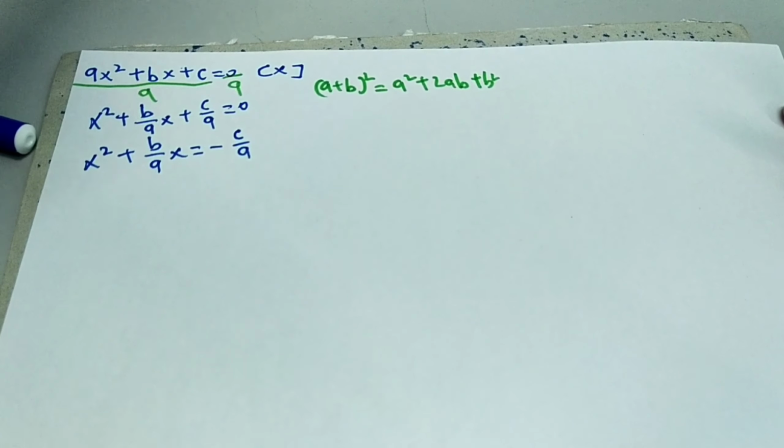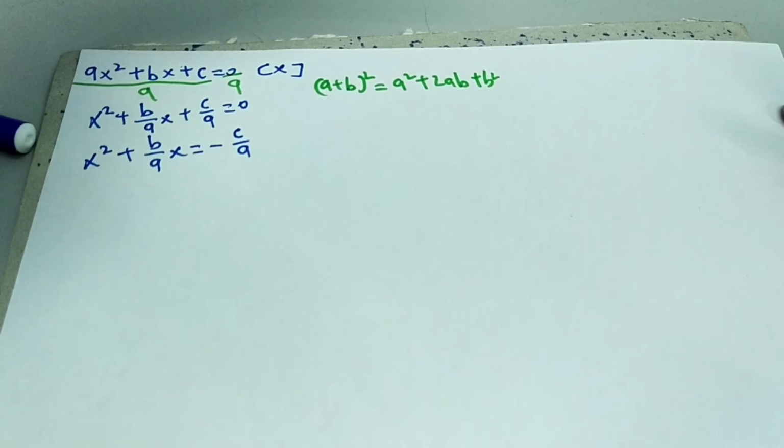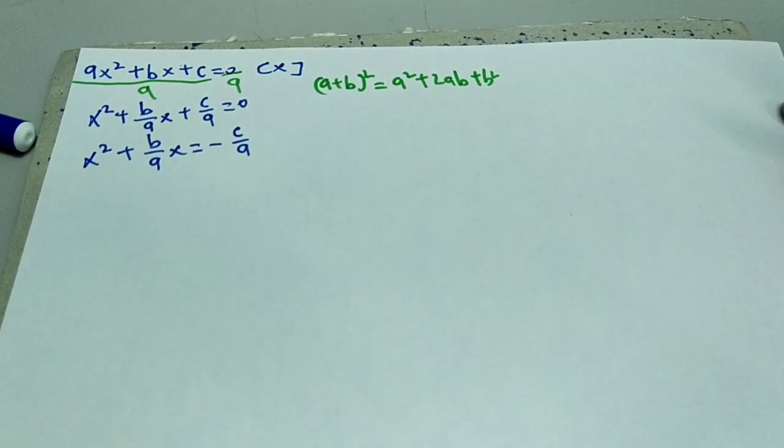Every time you do algebra, better memorize this, because sometimes it will be handy. If you memorize this, then you can apply it instantly, so you don't need to expand every time.